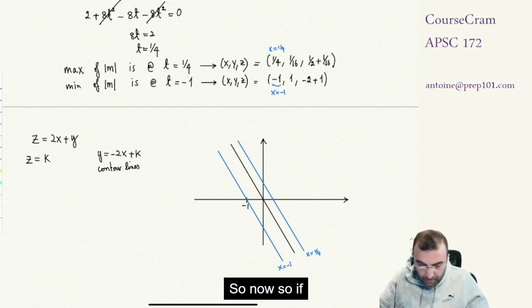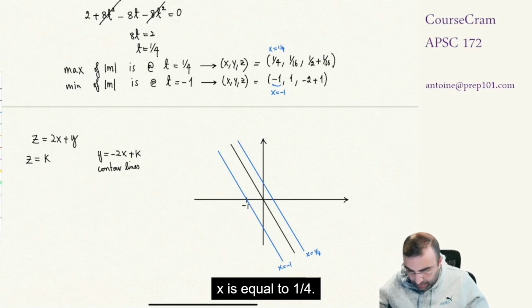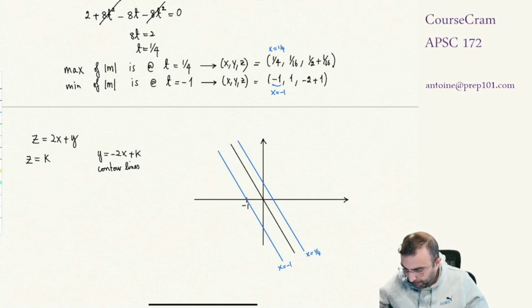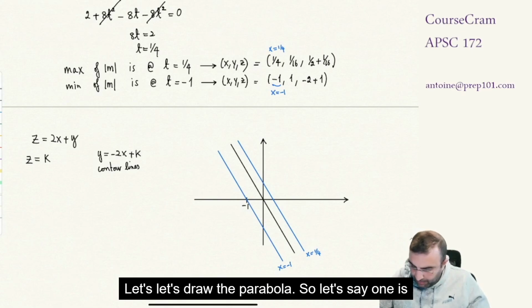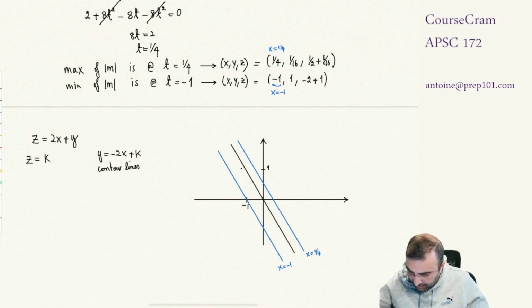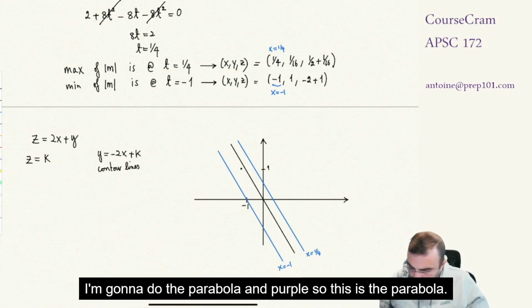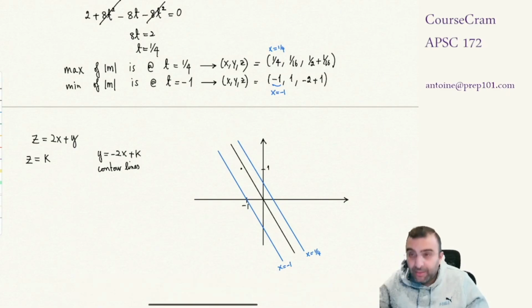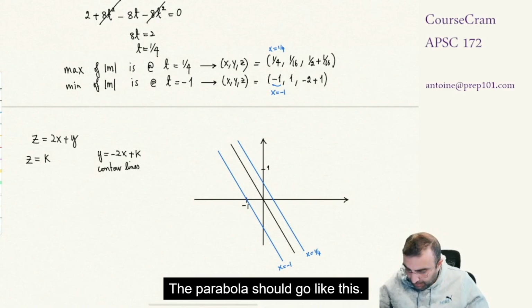So now, if x is equal to 1/4, let's draw the parabola. So let's say 1 is here, so minus 1, 1 is here. I'm going to do the parabola in purple. So this is the parabola. The parabola should go like this.